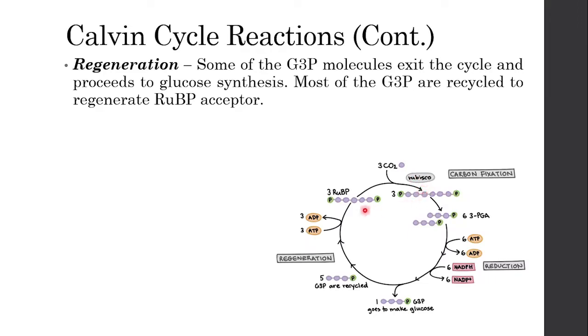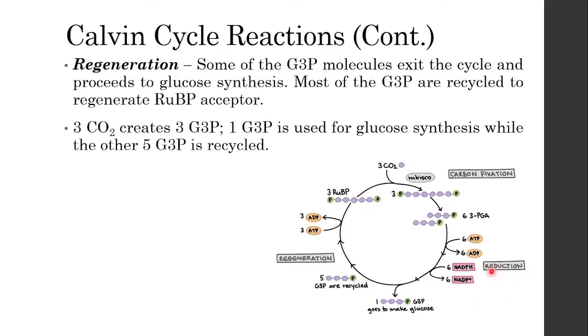So there is some need for us to recreate this. They are basically recreated from the 5 molecules of G3P, which we create during reduction. So that is basically what's happening.